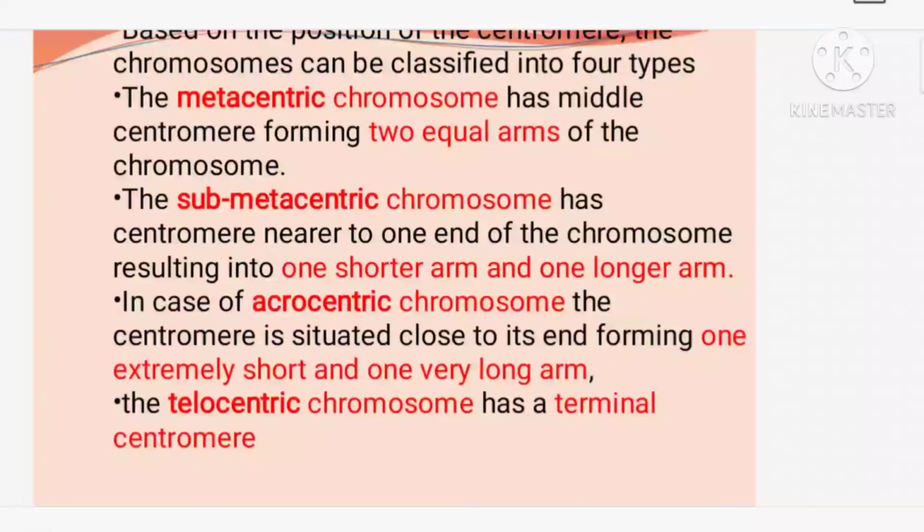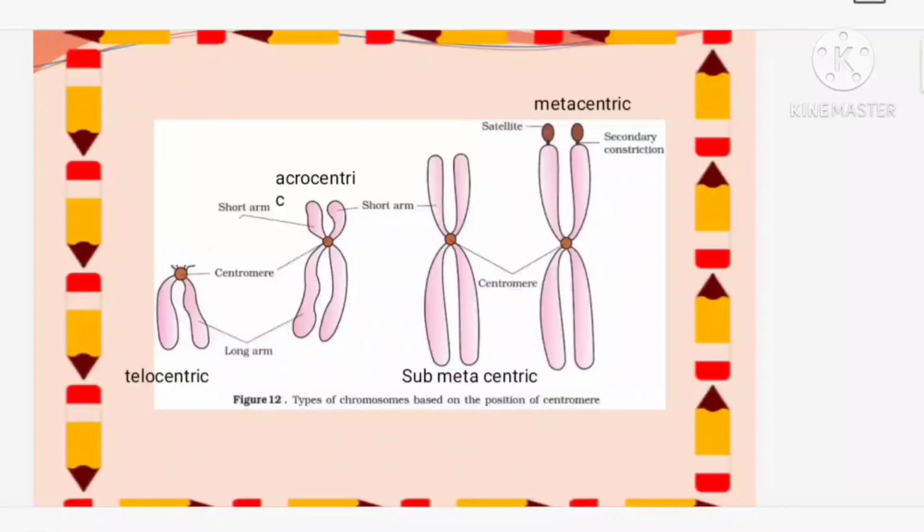Okay, this is regarding the structure. Based on the position of the centromere, very important 2 mark question, how many types of chromosomes are there? There are 4 types: metacentric, submetacentric, acrocentric and telocentric. Listen very carefully, what is the difference? If the constriction is present in the center, then we call them metacentric.